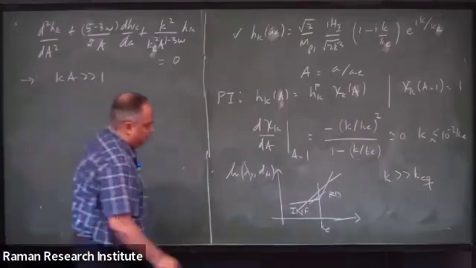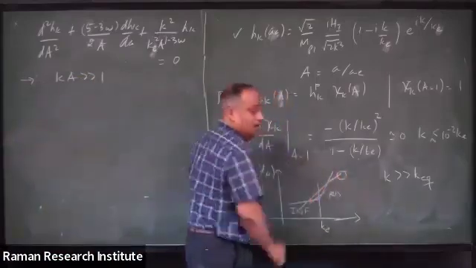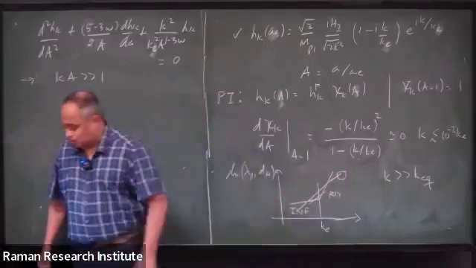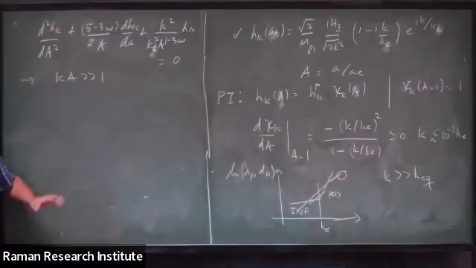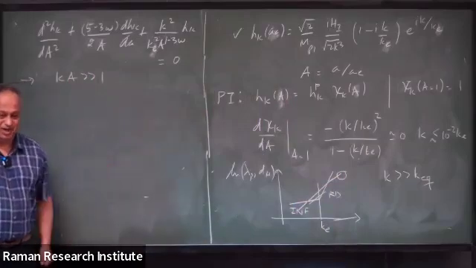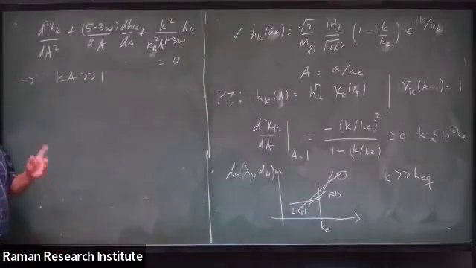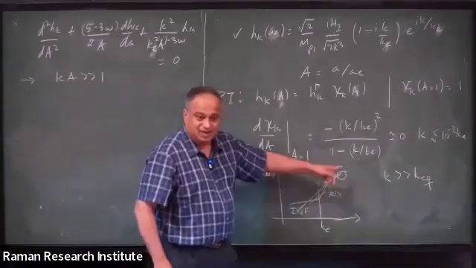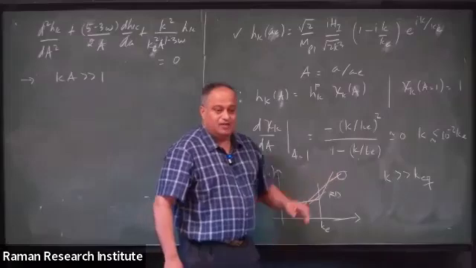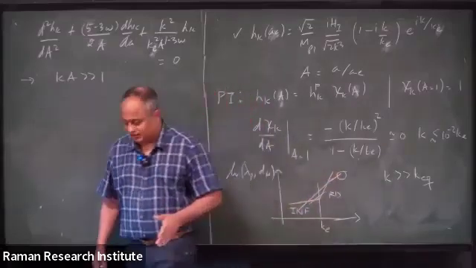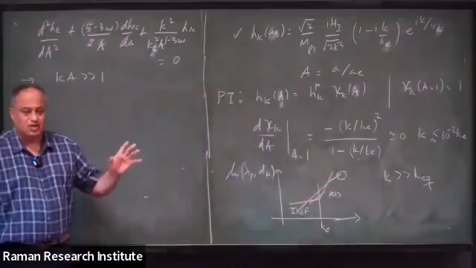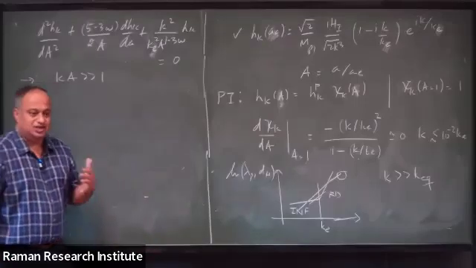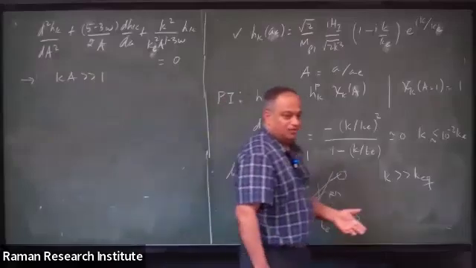What does this imply? These modes are well inside the Hubble radius. And I'm going to consider them, say, close to the epoch of equality or something, because beyond that, it's not radiation domination. Okay. And what we will see is that these are modes that correspond to these tensor perturbations or gravitational waves. When they are inside the Hubble radius, the gravitational wave energy density will go as 1 over a power 4. And you know that the energy density of radiation goes as 1 over a power 4.